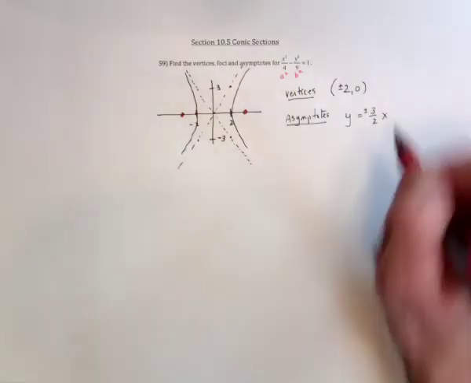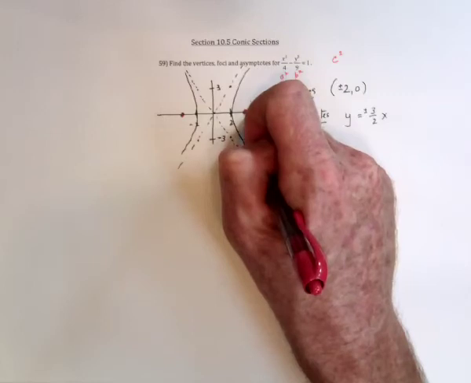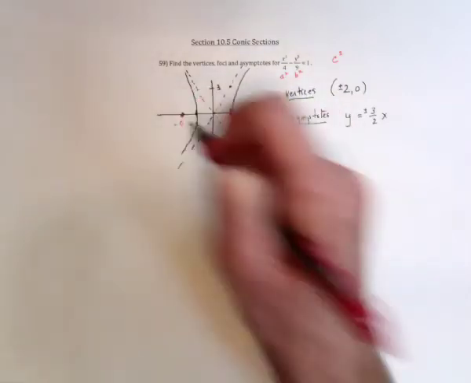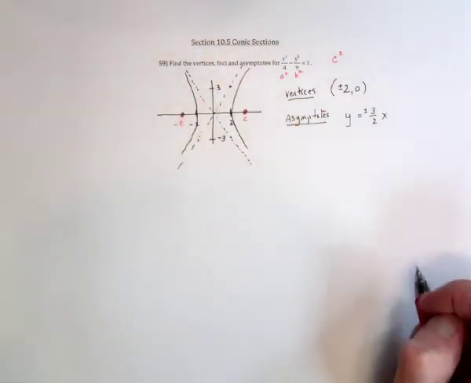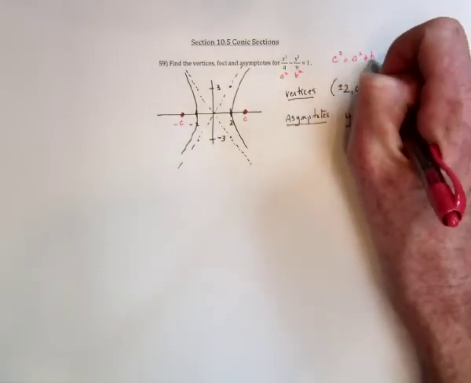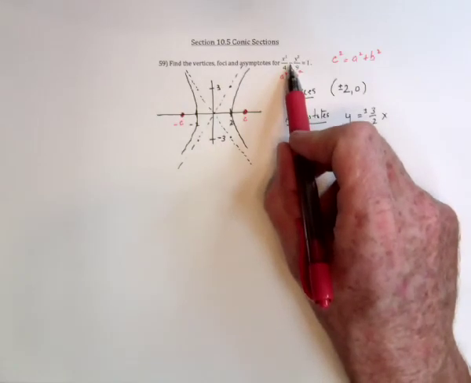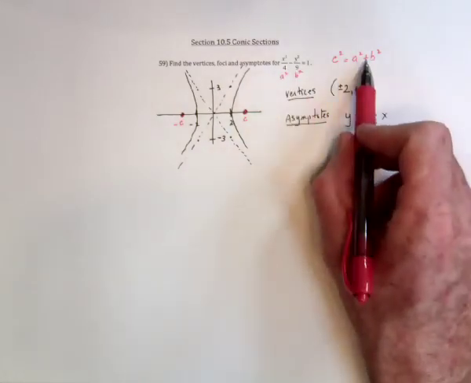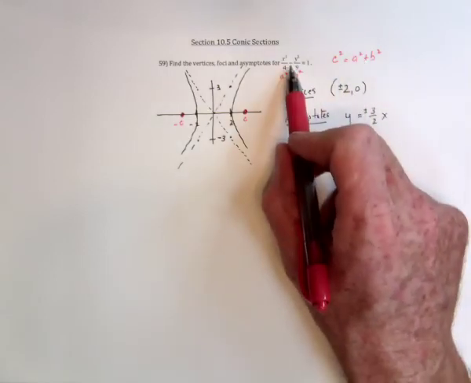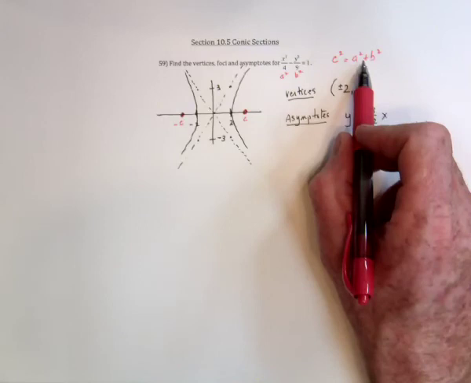And then we could use the formula that for a hyperbola, c squared, which is a length of c from the center, c squared equals a squared plus b squared. So I always just remember that if this is minus, then in this formula, it's the opposite. If we were talking about an ellipse and this had plus, then this would be the opposite, a squared minus b squared.